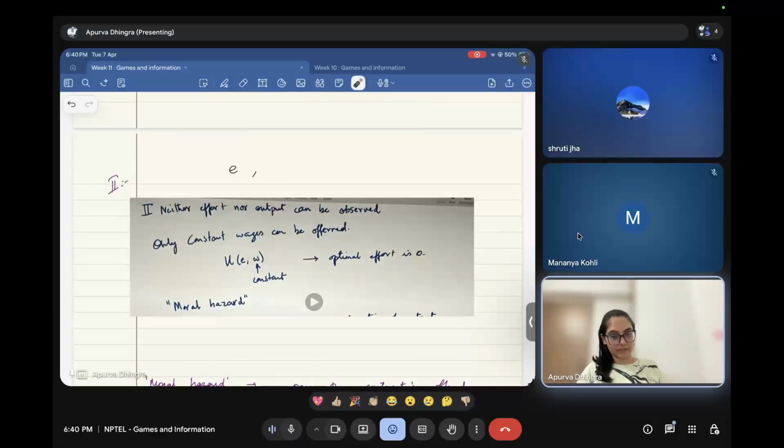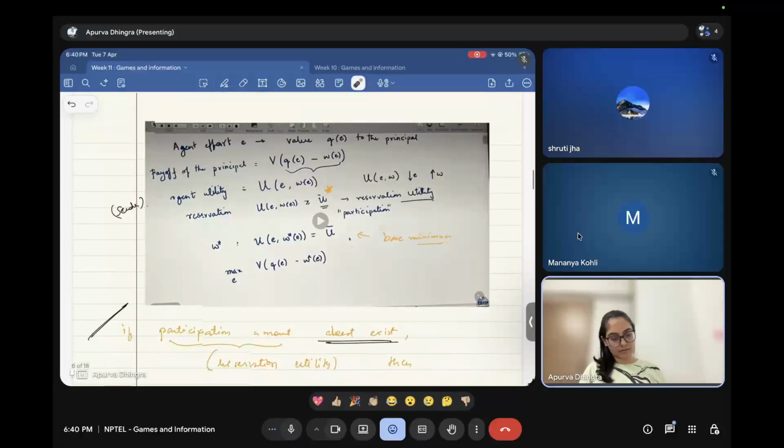If he's getting a wage and that wage is not dependent on his efforts, it's very natural that he may choose not to work at all. And in fact, the optimal thing for him to do would be to do nothing. And if he does nothing, this quantity will be very small.